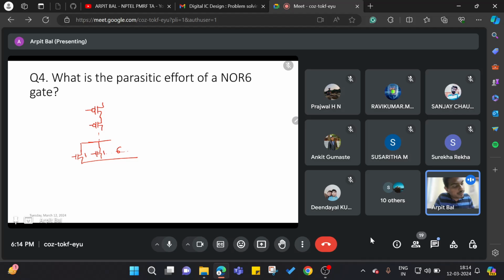Before sizing, it will be 1, 1. This is 2, 2. Because it's a NOR 6, it will be 12. At this node, what will be the capacitance? That will be 12 plus 6 whole divided by 3, that is 6. That's the answer. Similarly, here also the parasitic effort is equal to N, where N is the number of inputs.